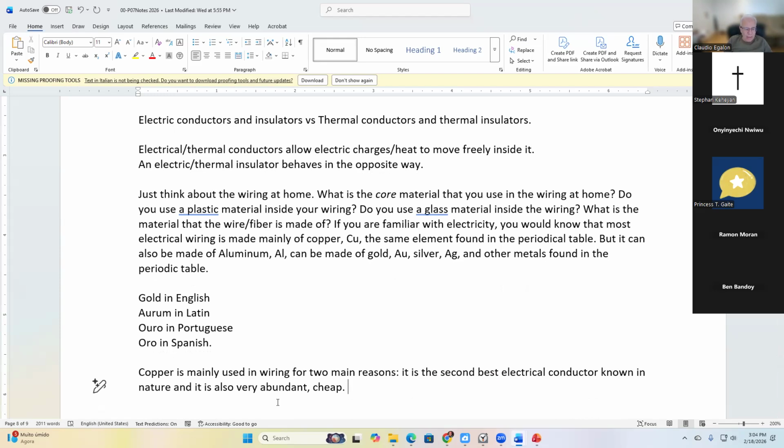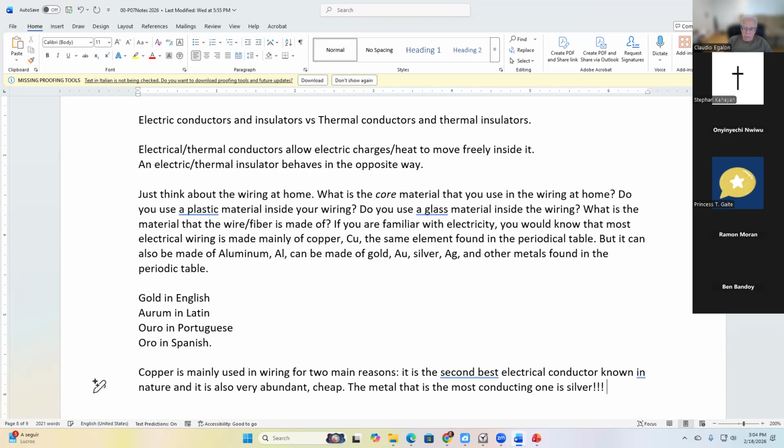What is the most conducting metal that we have out there? Does anybody know? Think about that. If you know, just put it in the chat. The most conducting metal is silver.